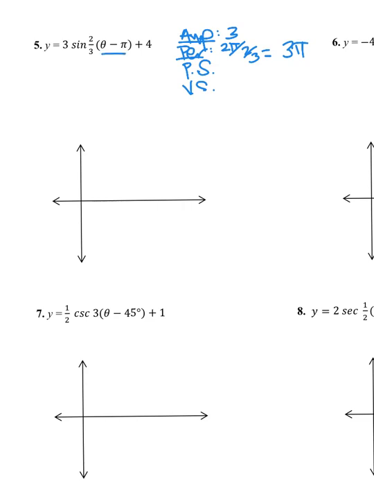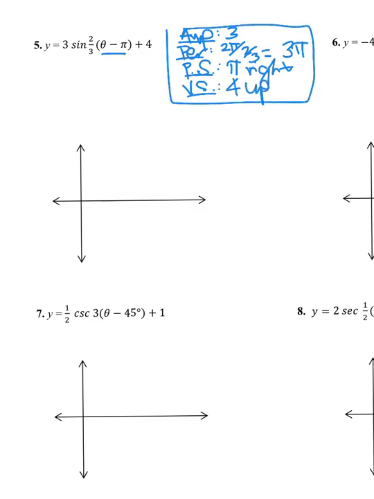Phase shift is going to be pi to the right, and vertical shift will be 4 up. All right, so we got a little bit of everything in this problem.